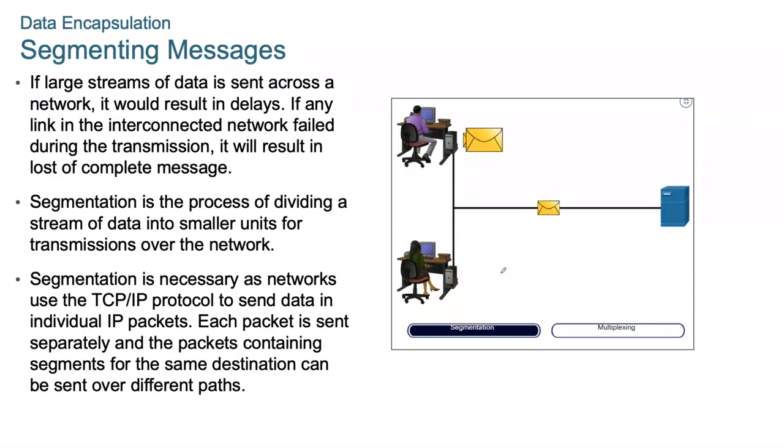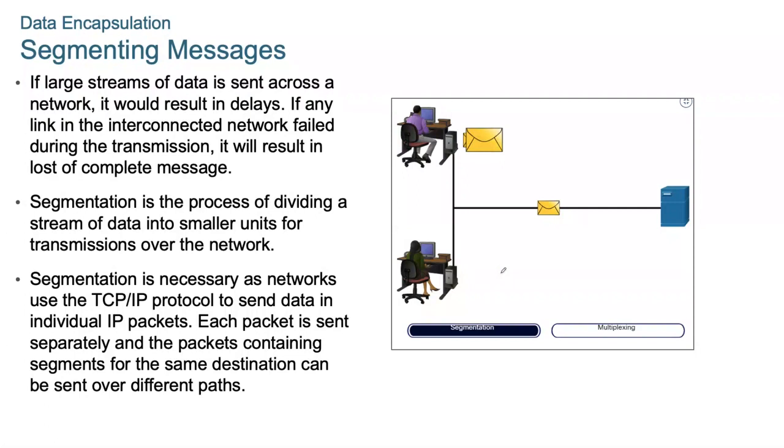In theory, a single communication, such as a video or an email message with many large attachments, could be sent across a network from a source to a destination as one massive, uninterrupted stream of bits. However, this would create problems for other devices needing to use the same communication channel or links.